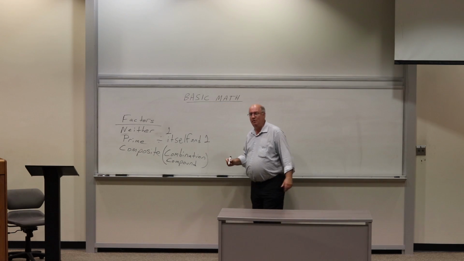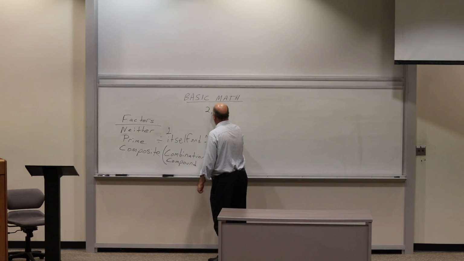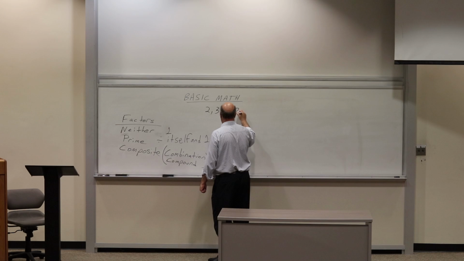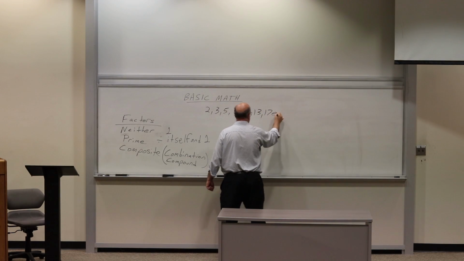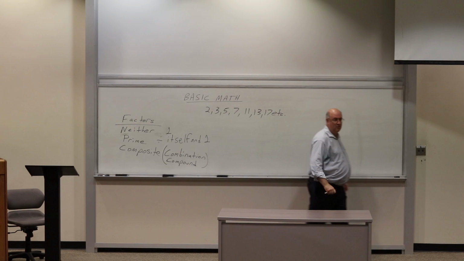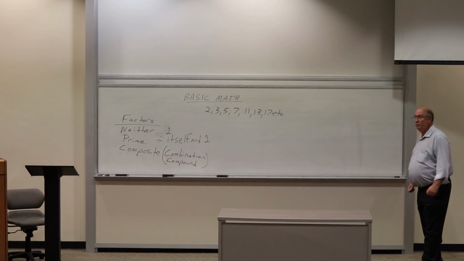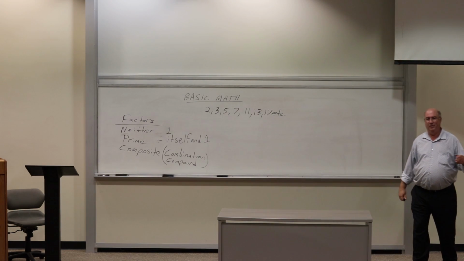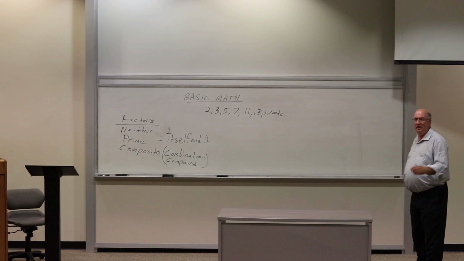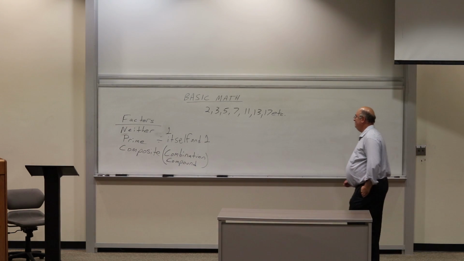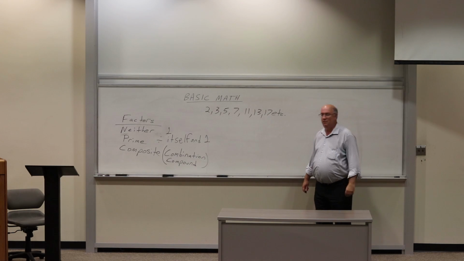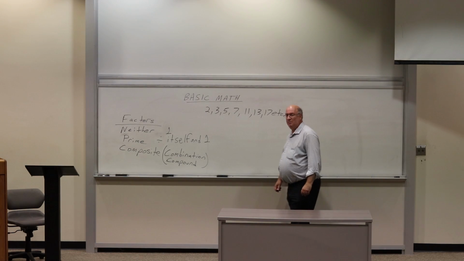So for prime numbers, we have 2, 3, 5, 7, 11, 13, 17, etc., up to infinity. Those are prime numbers, so you can only divide by itself and 1, and that's about it.